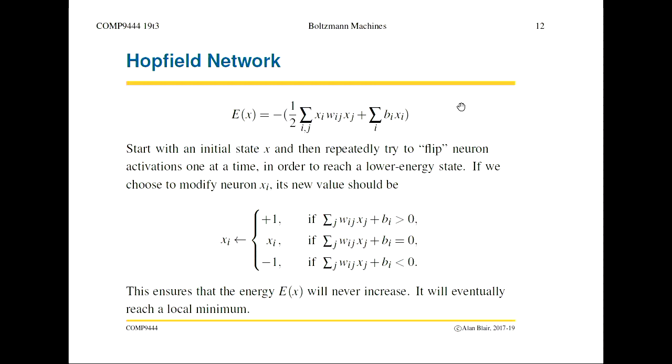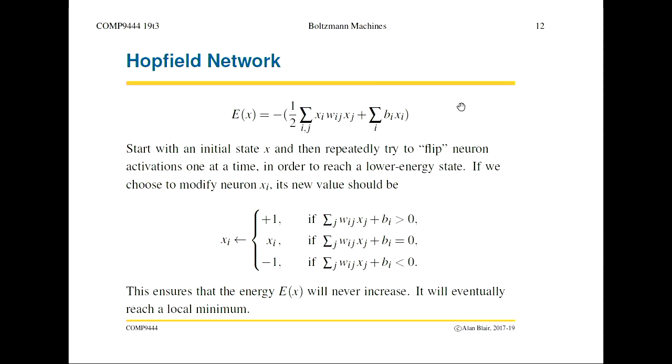If that value is bigger than 0, that means the energy will become lower if xi changes to +1. So I change to +1. If that value is less than 0, the energy will be lower if xi goes to -1. So I change it to -1.